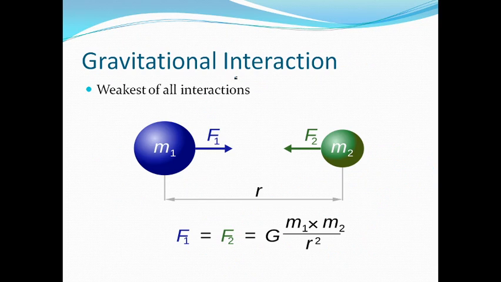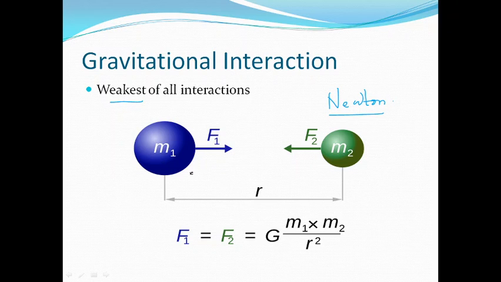Finally, coming to the fourth interaction, the gravitational interaction. This is the weakest of all interactions. You might know about gravitational interaction. This is the force that is experienced between any two bodies having mass. Isaac Newton was the first person to propose this law of gravitation.